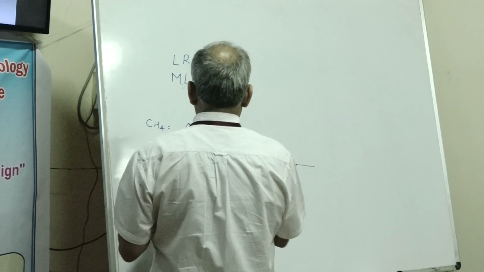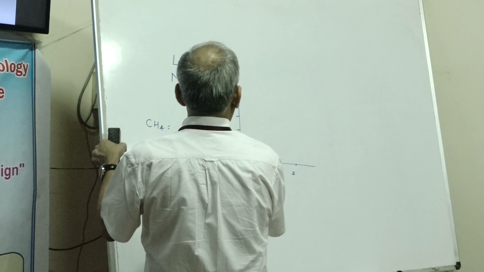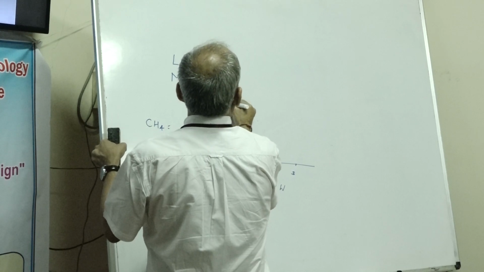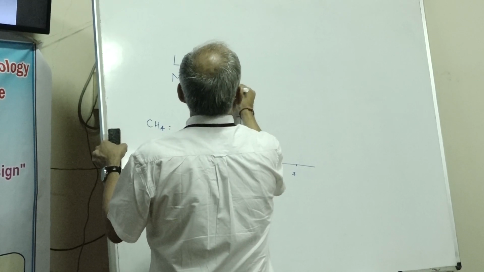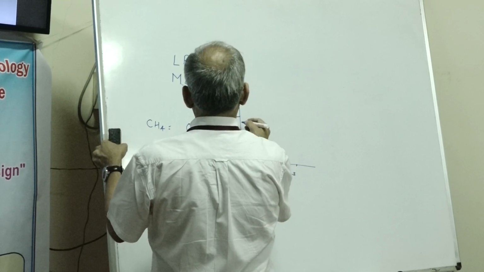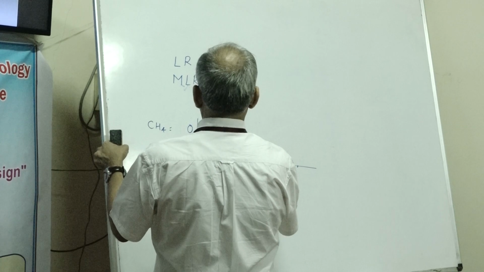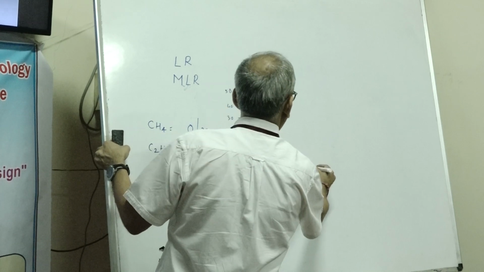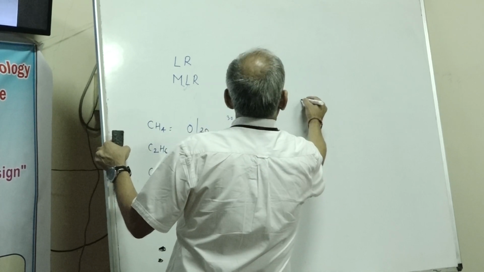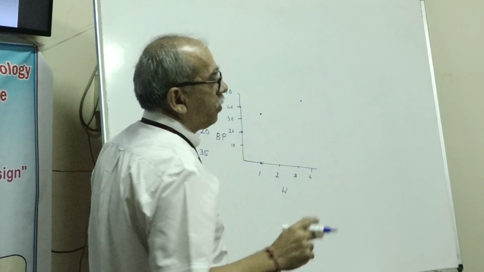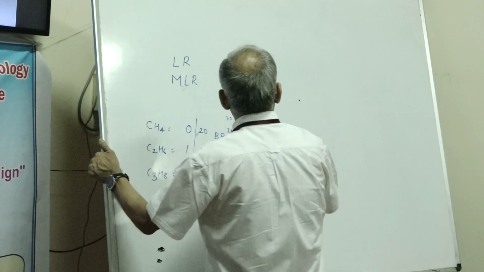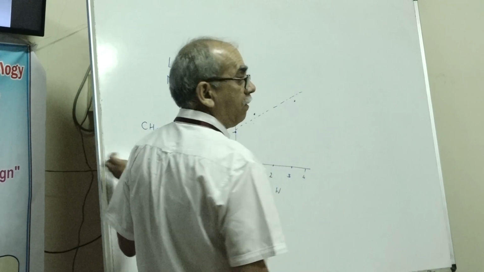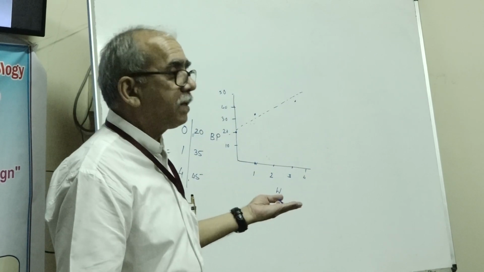The graph will look very good. When it was 0, you're putting it here. When it is 1, the value comes somewhere here, and with the 4, it comes somewhere here. And now you have to plot a line of best fit. Looking good, probably 0.9, something like that.